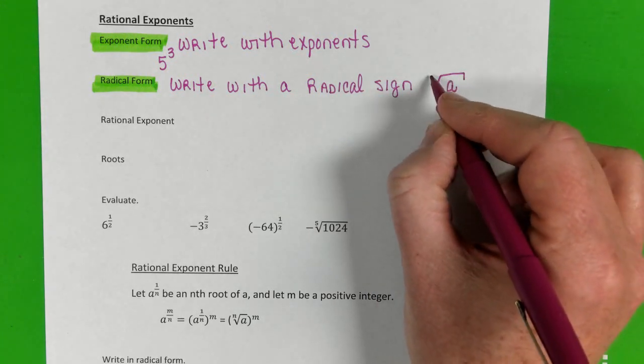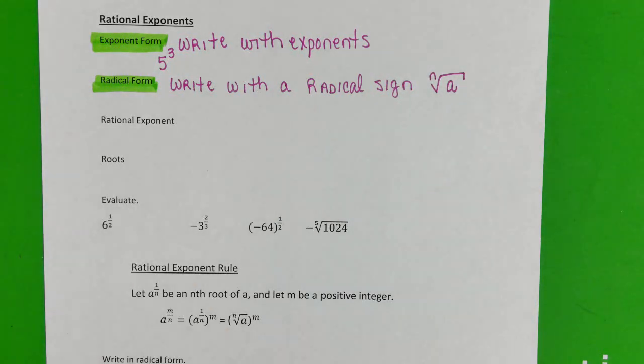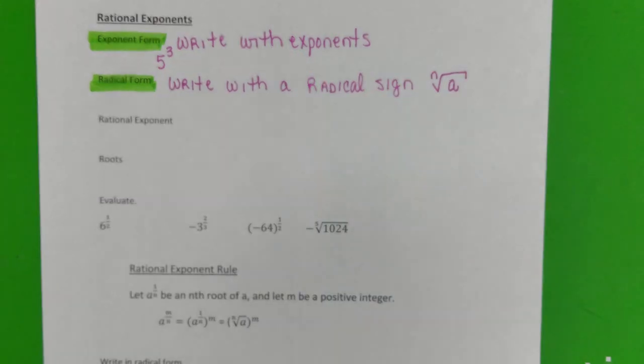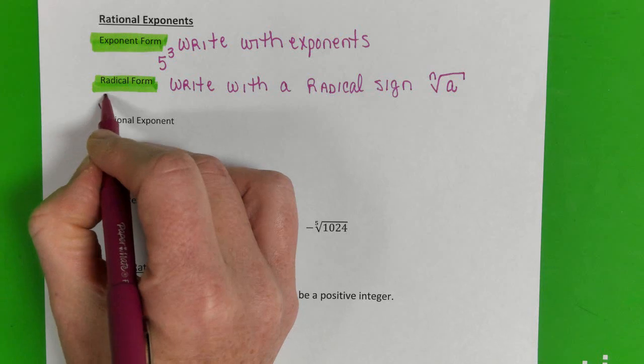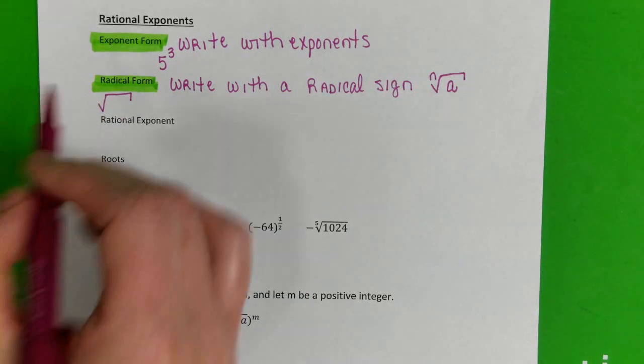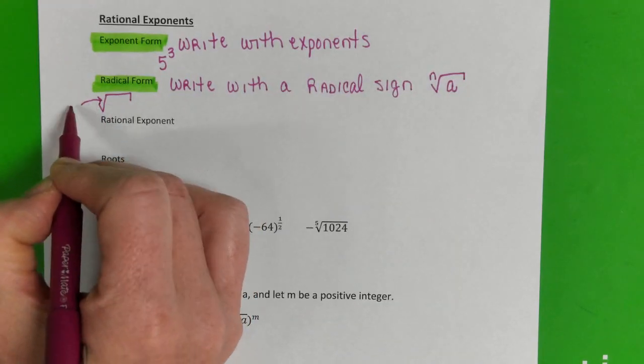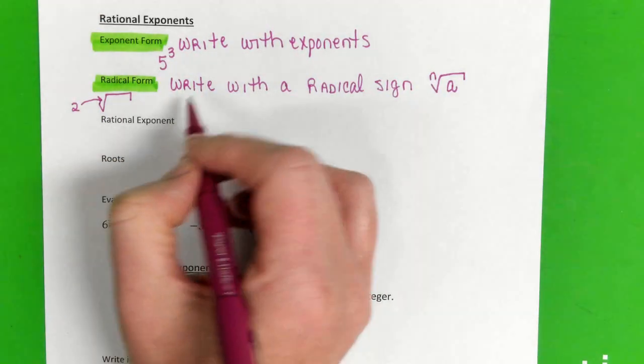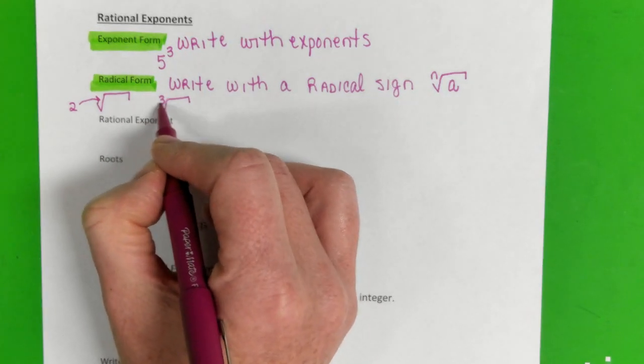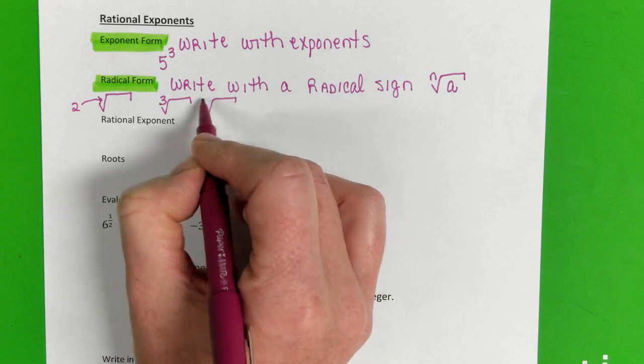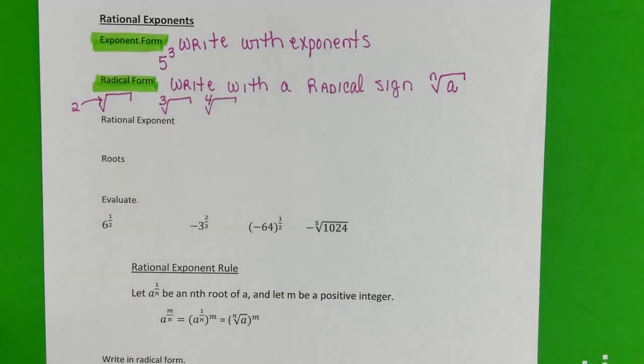But there are other roots besides square roots. Normally we have the square root, and we know that this is an understood 2 right here. We have cubed roots, or we could have fourth roots. Those are all examples of radical signs.